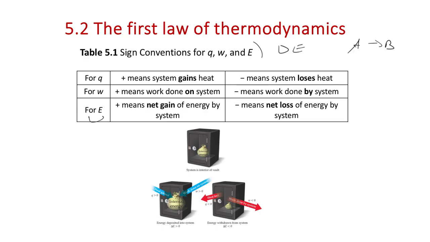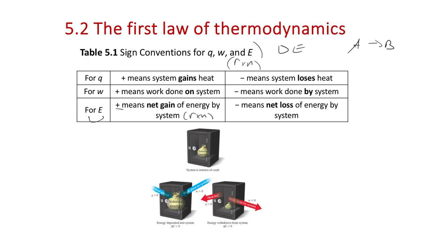Let's start with E. So a positive delta E. And again, this is from the perspective of the reaction. Remember how before I was saying you can have the perspective from the system or the surroundings. This is from the perspective of the system. A positive delta E means that there's a net gain of energy by the system, or by the reaction.